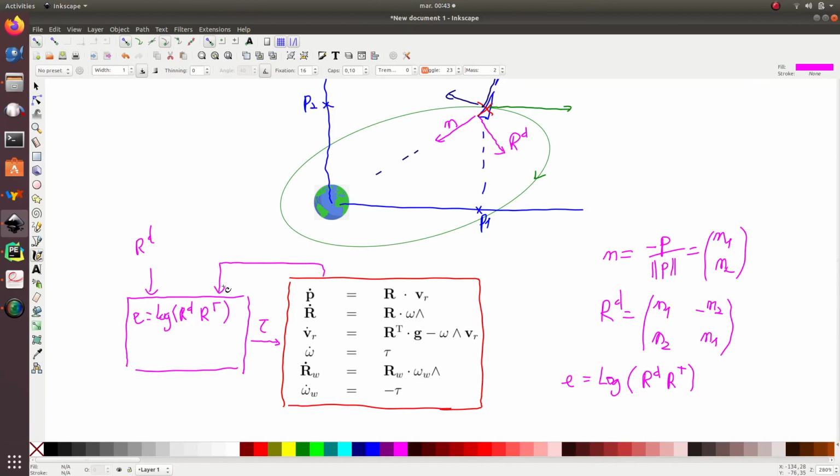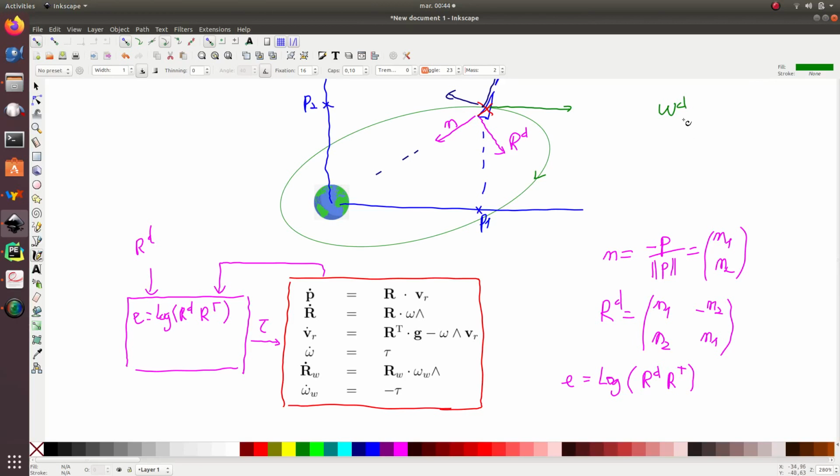Okay. In the same manner, if I want to use a derivative term, so not only proportional, I need also the derivative of the error. And for this, it will be given by the desired rotation rate. So the actual rotation rate is omega for the satellite, but I want omega to be equal to omega d.